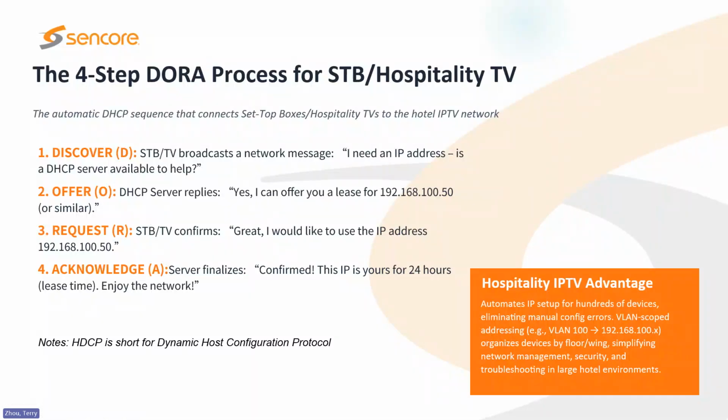Then when the DHCP server receives this request, it will offer a certain IP address, and the set-top box or TV set automatically assigns that IP address. After Discover, Offer, and Request, finally there is an Acknowledge of that IP address.